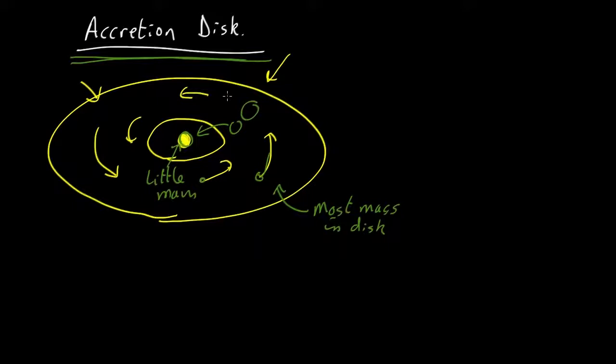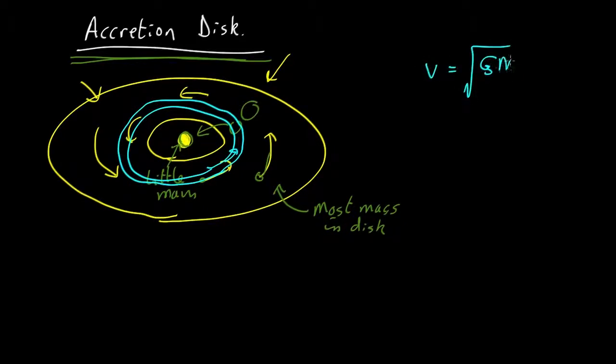So here's the basic idea. Look at, say, this bit of the disk. Let's pick an annulus, a ring around here. Now it's going to be moving with some velocity, equals root GM over R. And now let's consider the next ring further out.